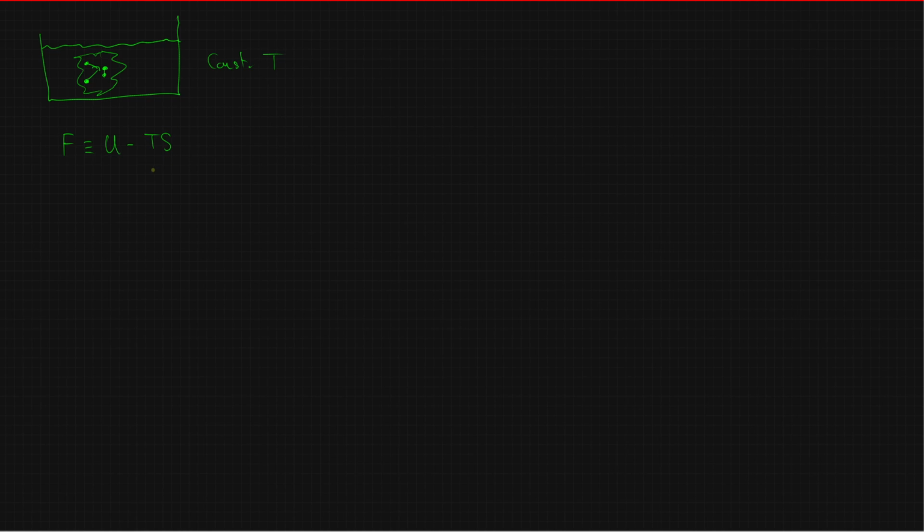So this is TS, where recall that Q is equal to T delta S. In this case we're just writing S right here. Delta S is obviously equal to S_F minus S_I, but we just take this to be 0, and so we're only considering this right here.